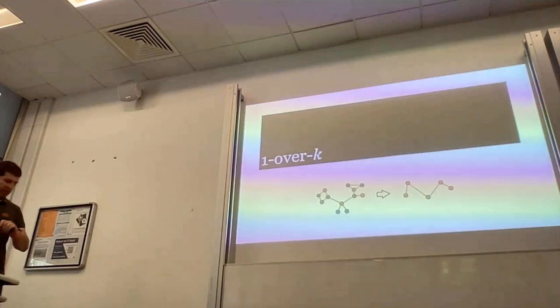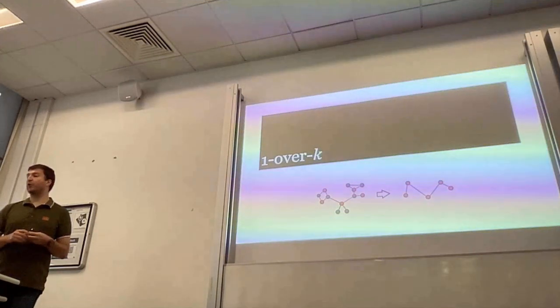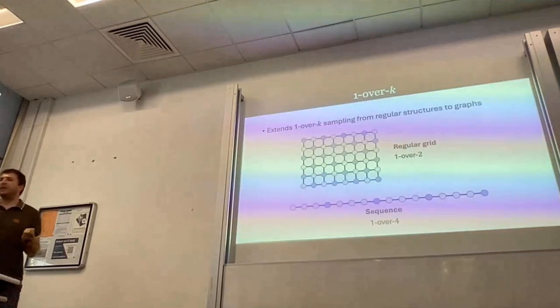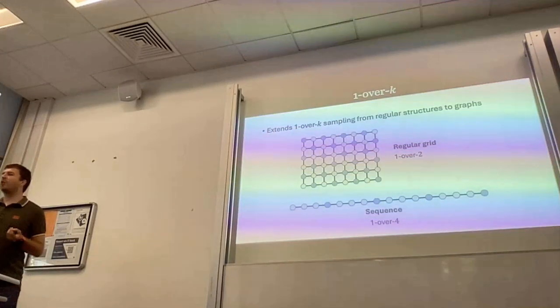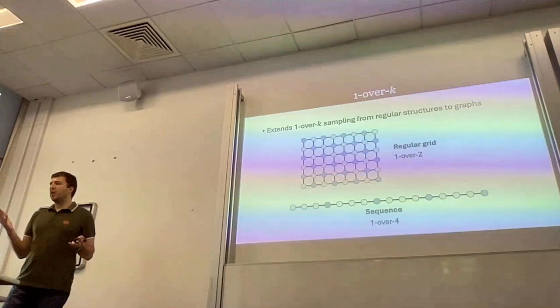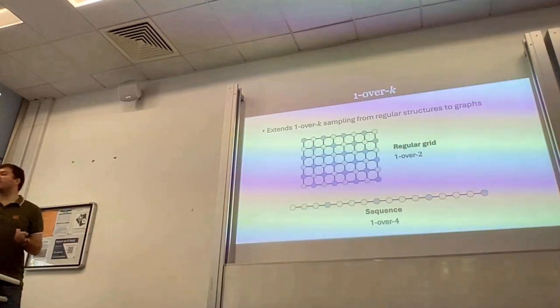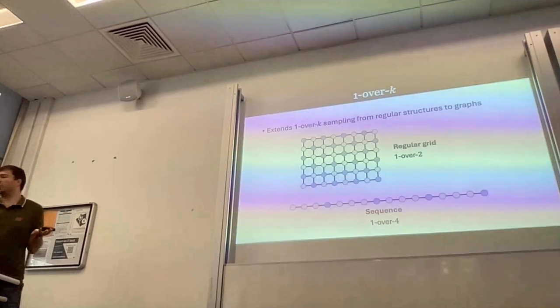Okay, let's move to the next family of pooling operators, which are those called 1 over k. The idea here is to extend the concept of 1 over k sampling from regular structures to graphs. If we think about taking one every other 2 pixels on a regular grid, it's quite intuitive how to do it.